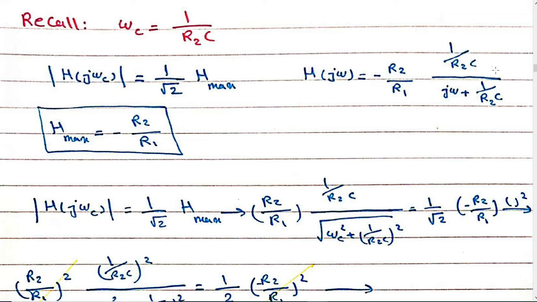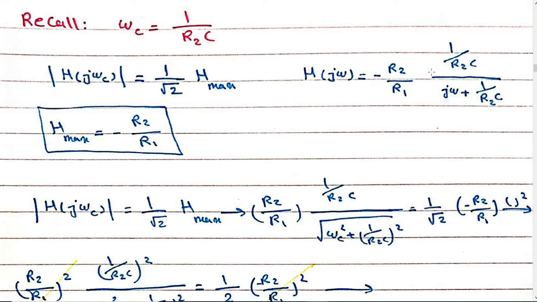So what is our transfer function in the frequency domain? This is our transfer function, V out over Vi, the ratio between the output and the input. So what is the maximum value of the transfer function at low frequencies? Why low frequencies?